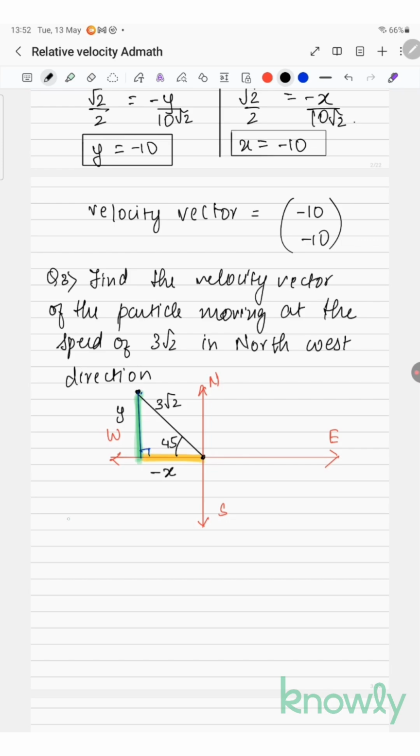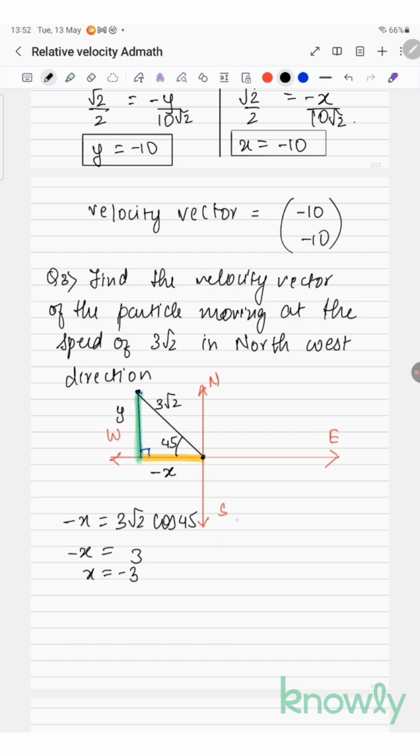So again you can say minus x equals 3 root 2 cos 45. I have written it directly now. You guys can do SOHCAHTOA. So this will be minus x equals 3, so x equals minus 3, right?